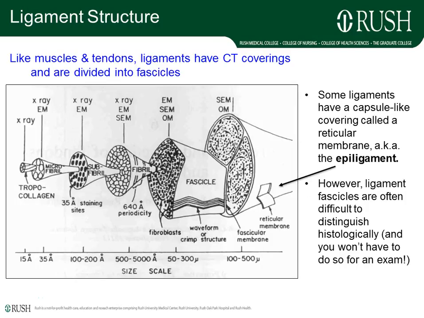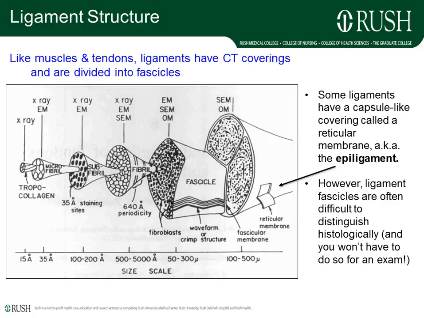So how is a ligament put together? Well, really, this is almost a carbon copy of what we saw for tendons. Just like muscles and tendons, ligaments have connective tissue coverings and are divided into fascicles. Same motif of organization that we saw before.